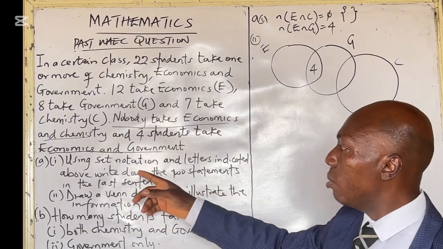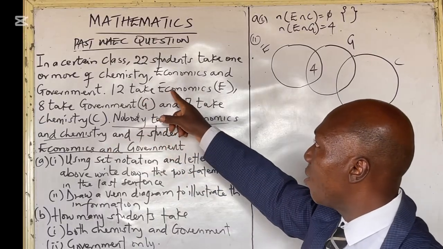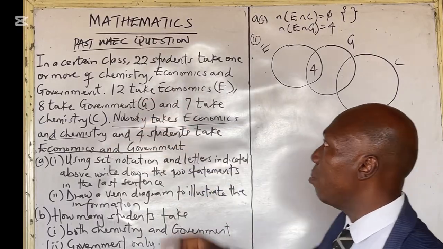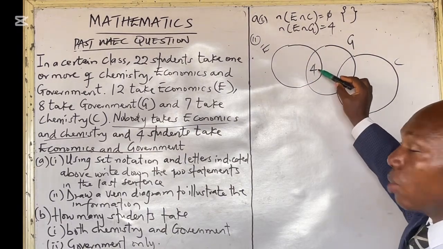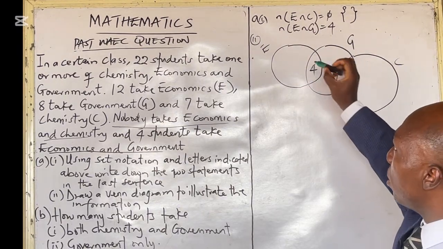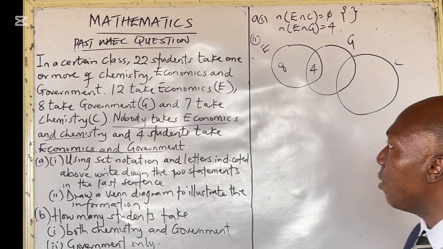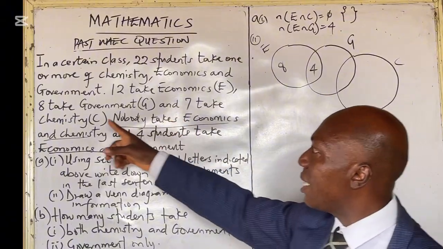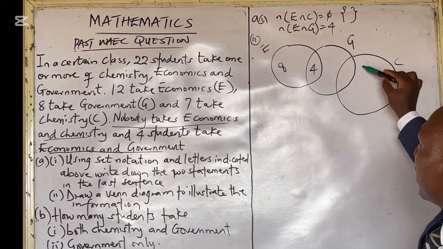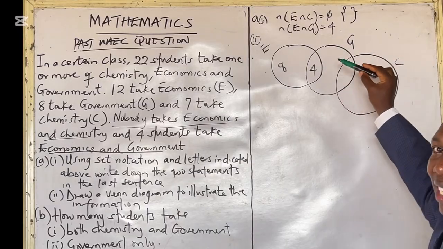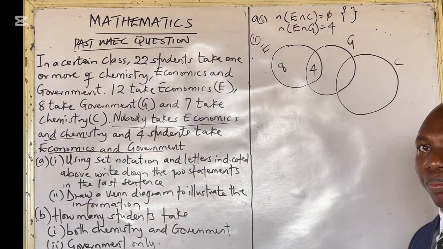So let's go back to the question. 12 take economics. If the whole of economics is 12, and we are given the fraction of it to be 4, the remaining side will be 8. 12 minus 4 is 8. Similarly, we are told that 8 take government. We cannot just say 8 minus 4 and put it here because there is a figure here.